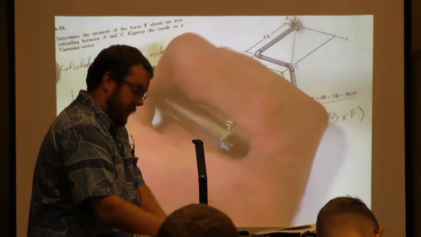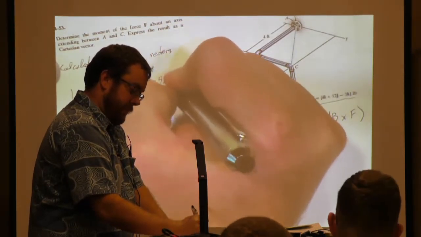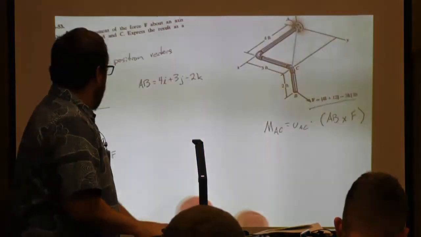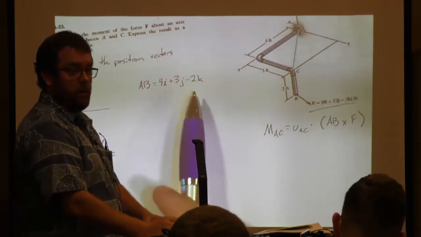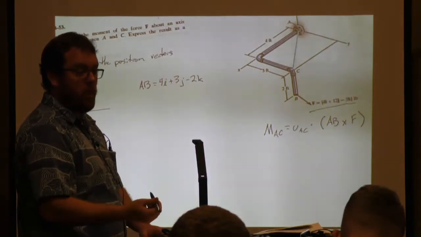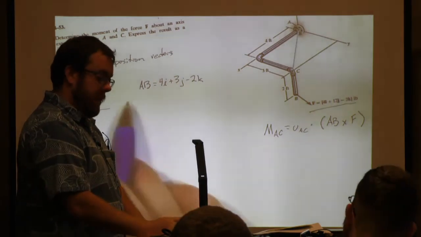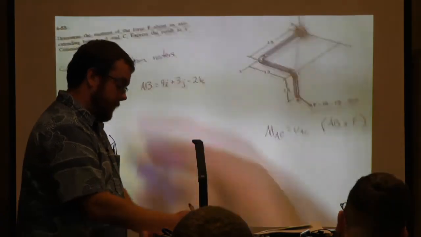All right, so the position vector AB, I didn't put it into a formula because we're starting from origin, right? So literally all we're doing is tracing out the X, Y, and Z axes from origin. So does anybody have any issues with that? No? Okay.